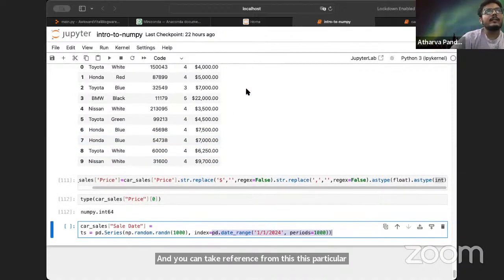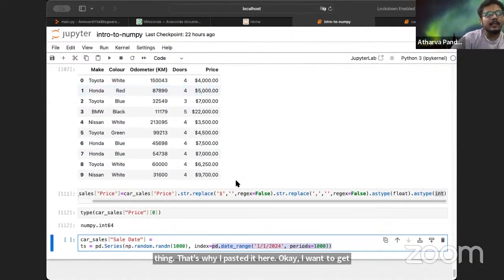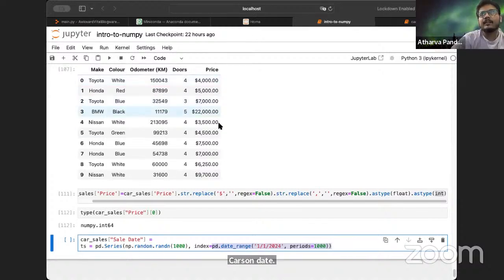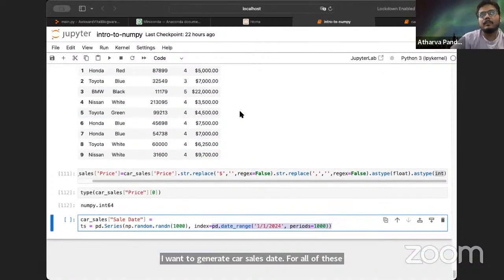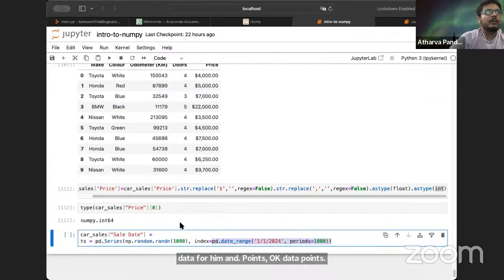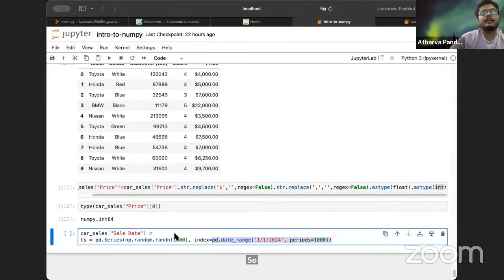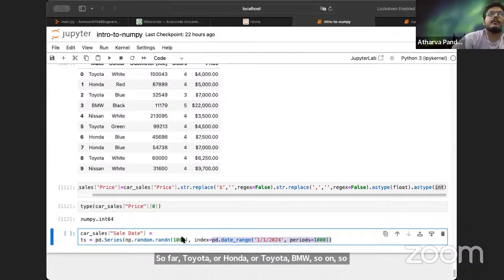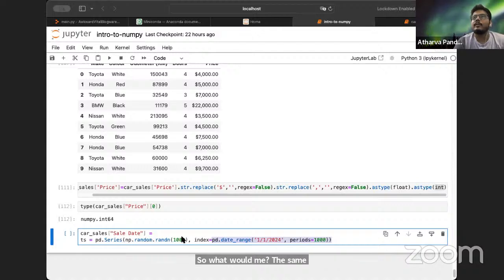I want to generate car sale date for all of these data frame points, so for Toyota, Honda, BMW, and so on. So we need to generate it. How will we generate it? What would be the syntax? How would it look?